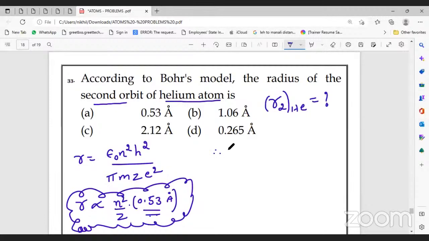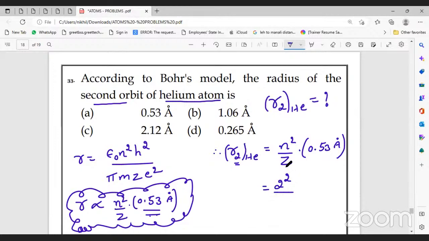Therefore, what is the radius of the second orbit of helium? It is n squared by z times the radius of the first orbit of hydrogen atom, that is 0.53 angstrom. For the second orbit, it will be 2 squared by z.